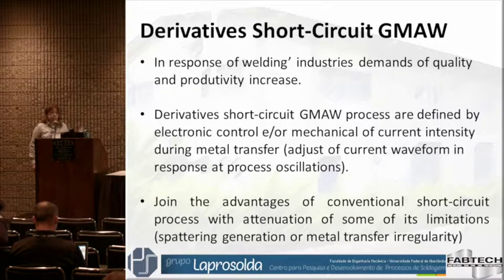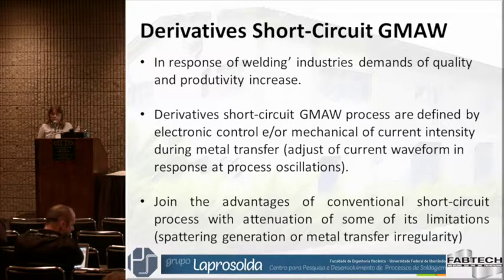The derivative short-circuit GMAW processes are defined by electronic control of the current, so they can adjust the waveform in response to process oscillations. These derivative short circuits were created to join the advantages of conventional short circuit and attenuate some of its limitations, like its pattern generation or regularity in metal transfer.